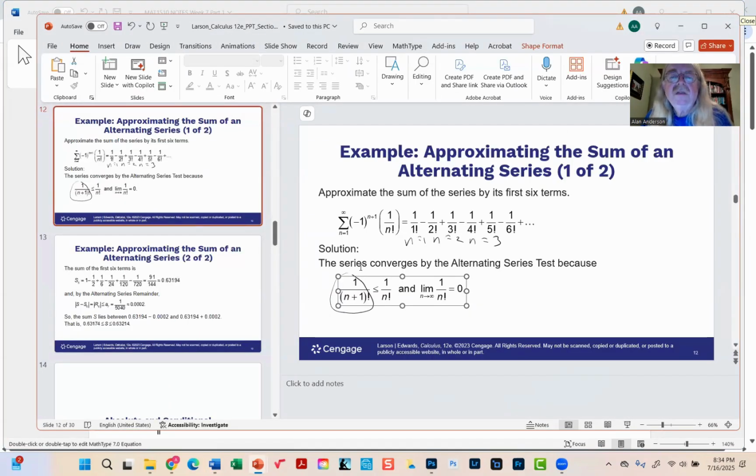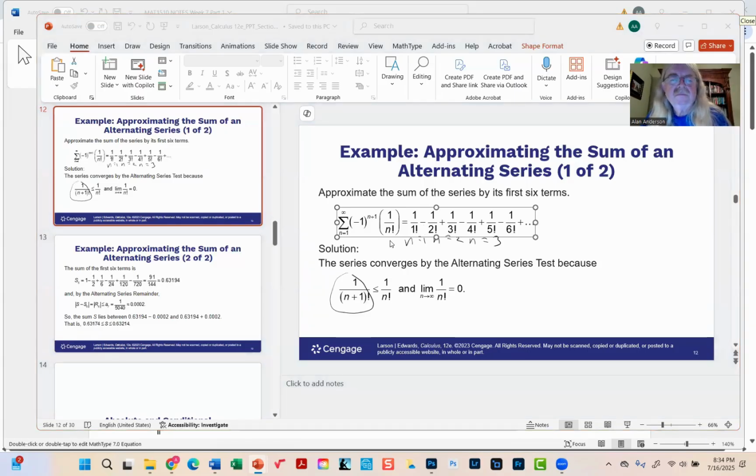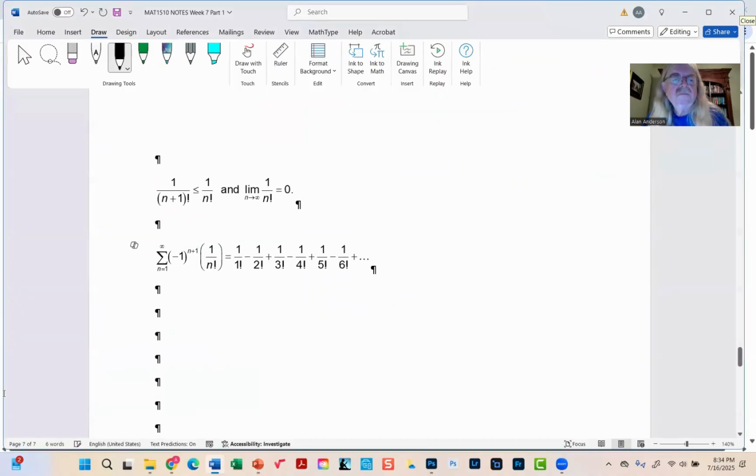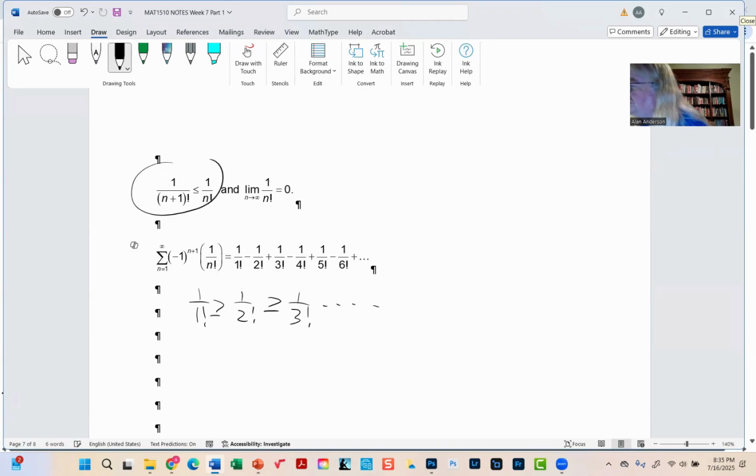So in other words, what they're basically saying is that this one over 1 factorial is greater than one over 2 factorial, which is in turn greater than one over 3 factorial, et cetera, et cetera. That's what this means.